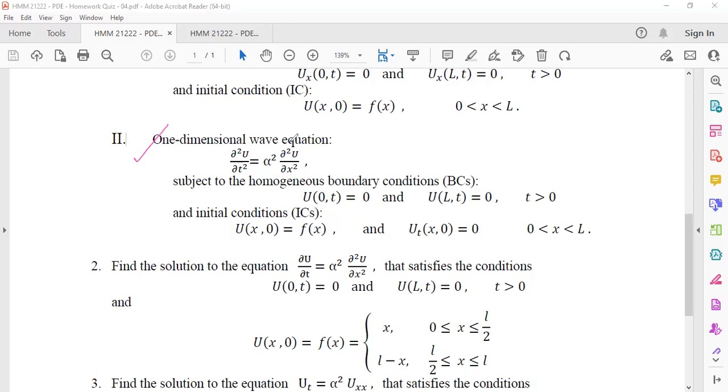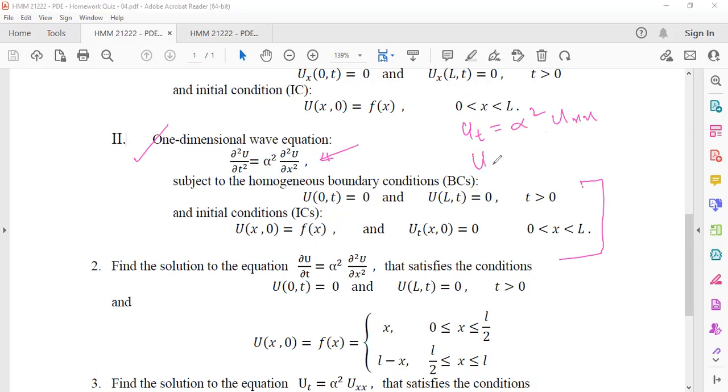It is not the same thing, but similar. What is the difference between the heat equation and the wave equation? The heat equation has the form u_t equal to, let's say, alpha squared u_xx, in the one-dimensional case.